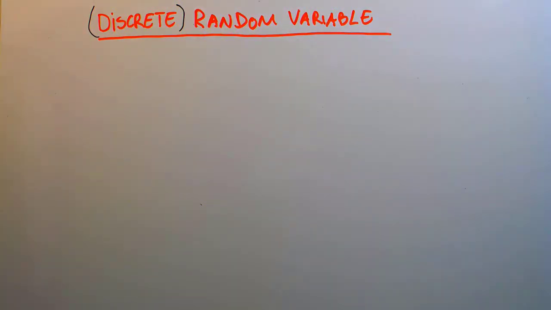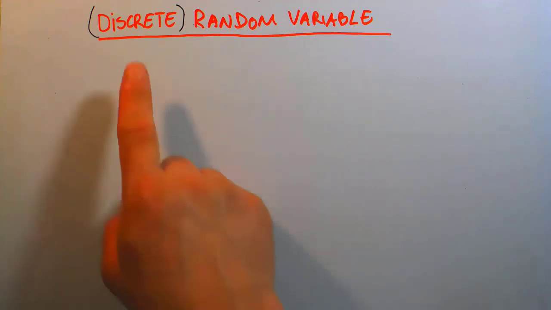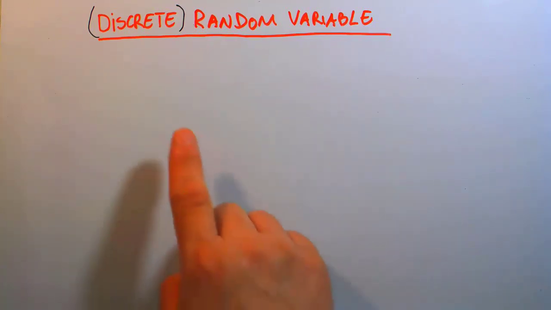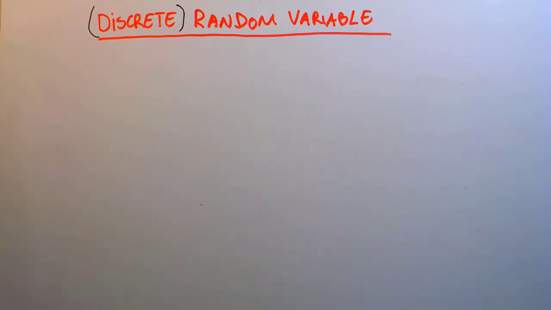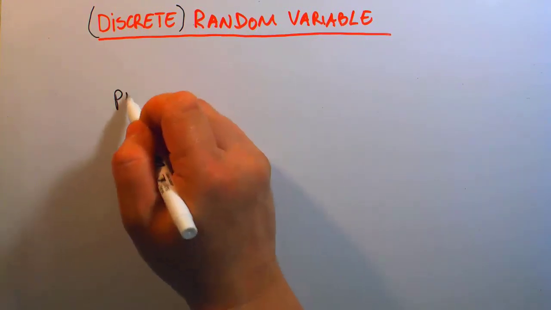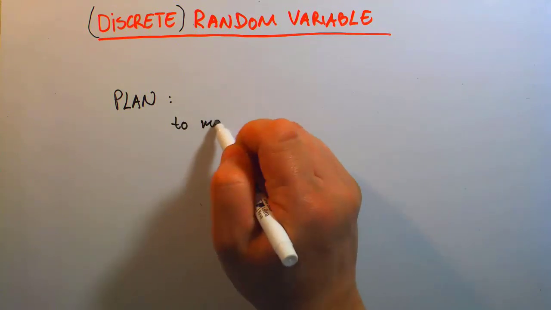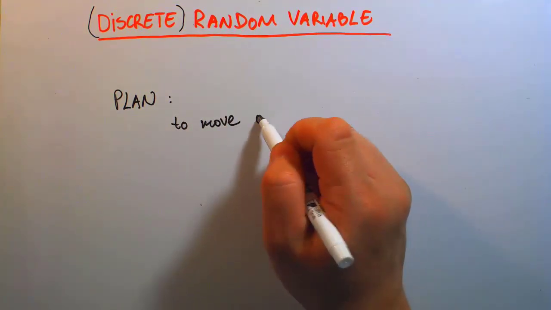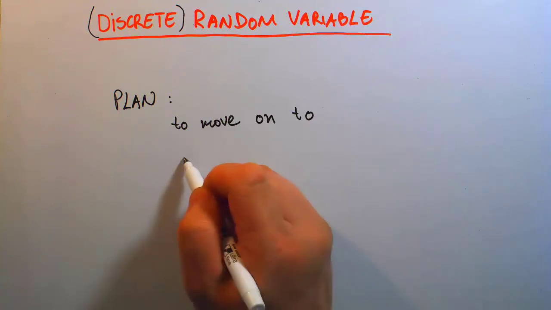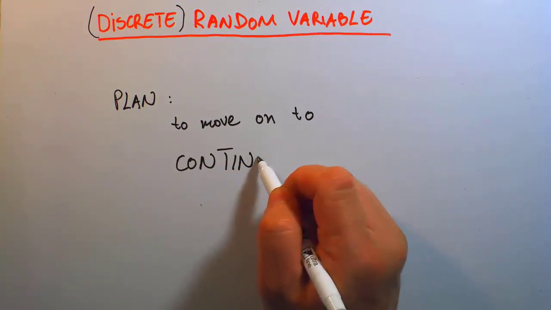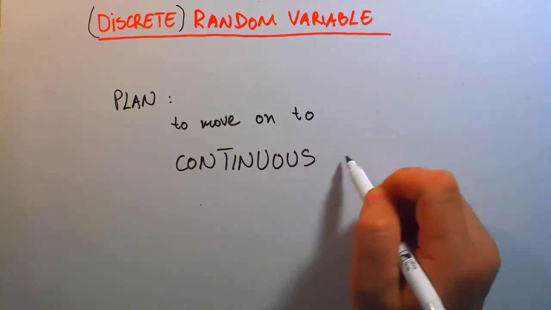Once everybody has a nice, clear understanding of what a random variable is, I introduce in detail what exactly a discrete random variable is. And after we've learned about discrete random variables, the plan now is that we're going to be moving on to a different class of random variable that's referred to as continuous random variable.